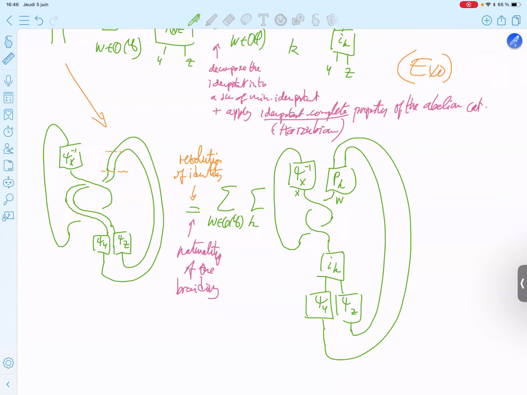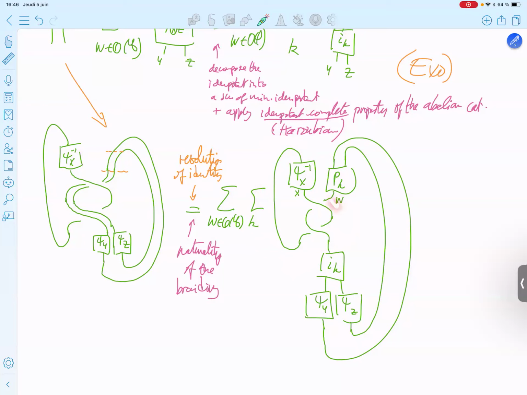Okay, so now, what do you do? You see this piece, the double braiding piece. You evaluate this piece from W to W. This is a morphism from W to W, so we apply the same trick as before. It's a constant multiple of the identity.